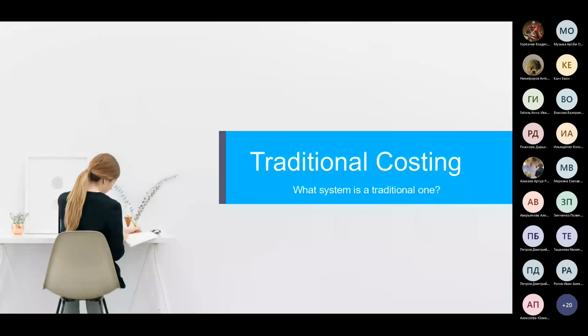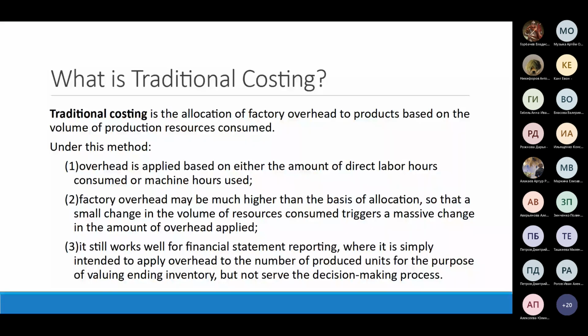So what is the traditional costing system and how can we distinguish it from other costing systems in order to use it in a proper way? Traditional costing is the system when we allocate the factory overhead to products based on the volume of production or resources consumed.